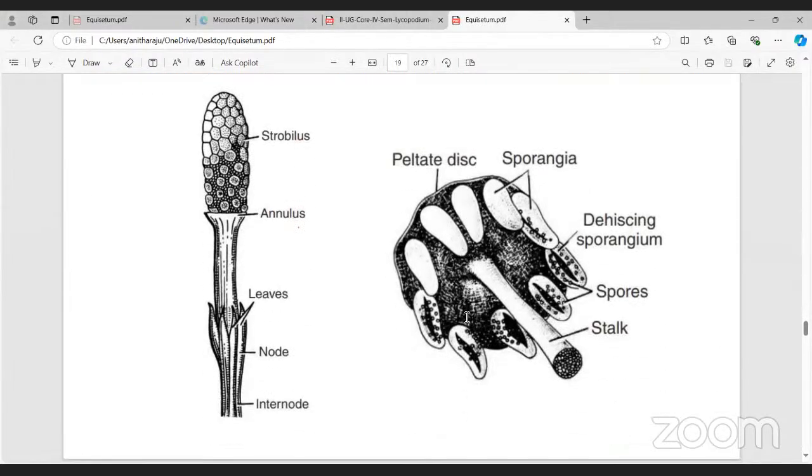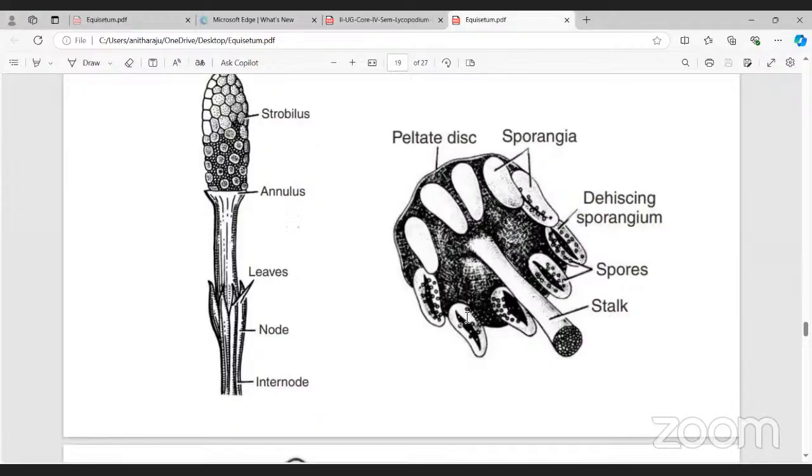So this is the strobilus or cone. This is the annulus, like a ring. If you separate the cone and take a peltate disc, this is the disc. Inside the disc there are two to several sporangia.